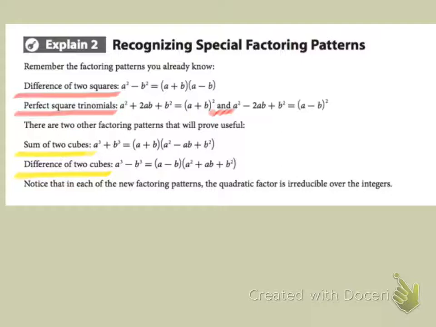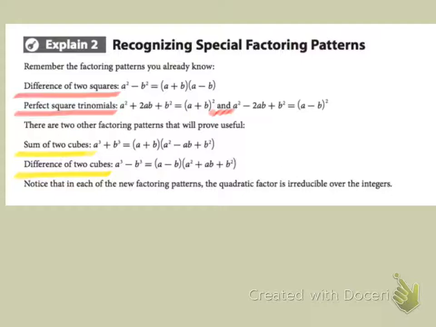It's the cube root of a cubed, which is a, and the cube root of b cubed, which is b. And then the trinomial follows this pattern. The first term is the square of the first term of the binomial. That was an a, so if I square it, that's a squared. The middle term is the product of those two terms, a and b, which would be ab. And the final term is the square of the last term.